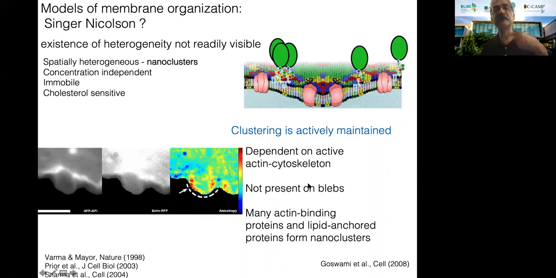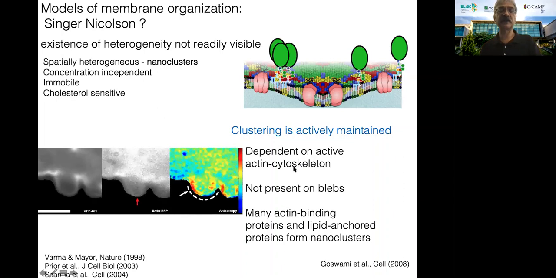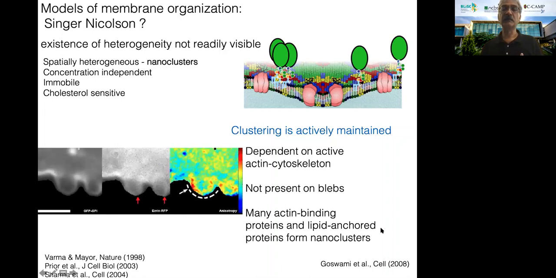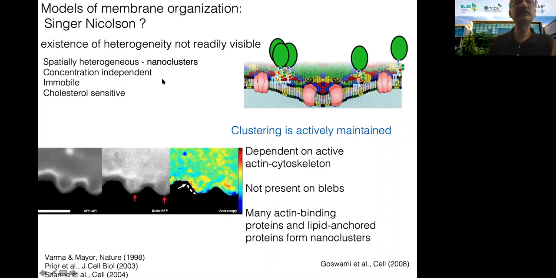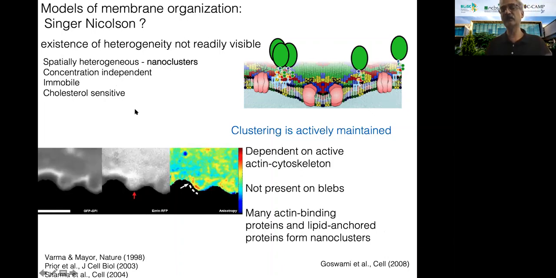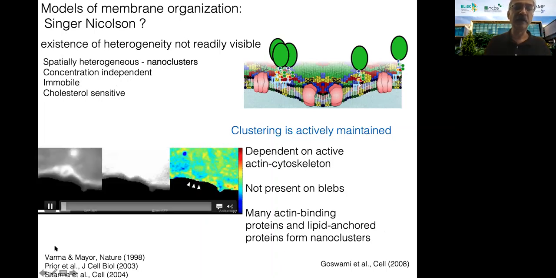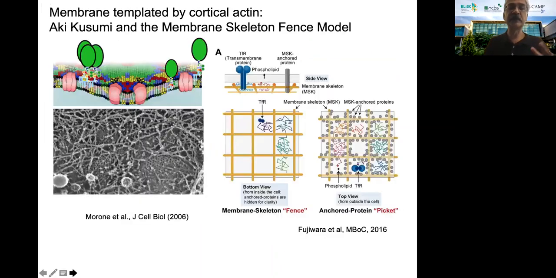And in addition, this allowed us to do experiments where we perturbed the actin cytoskeleton using inhibitors, and these clusters fell apart. It was also immobile, concentration independent, and sensitive to cholesterol. So keep all these factors in mind. We need to now understand how these structures are formed and build some kind of an explanation for it.